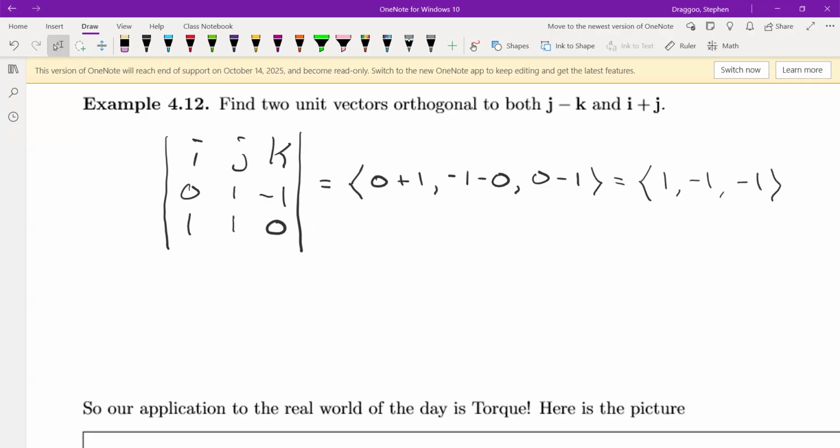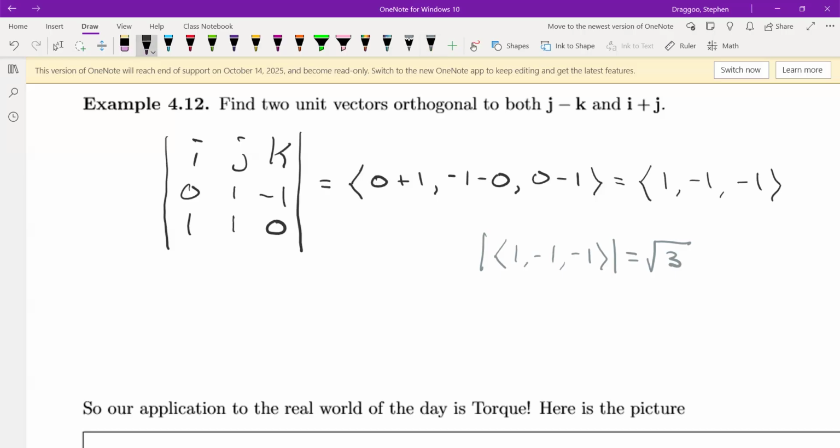So that's what I want to do. If I want a unit vector, then what do I want? I need the magnitude. So let's just grab that real quick. Magnitude of 1, -1, -1 is the square root of 3. 1 + 1 + 1, I get 3.